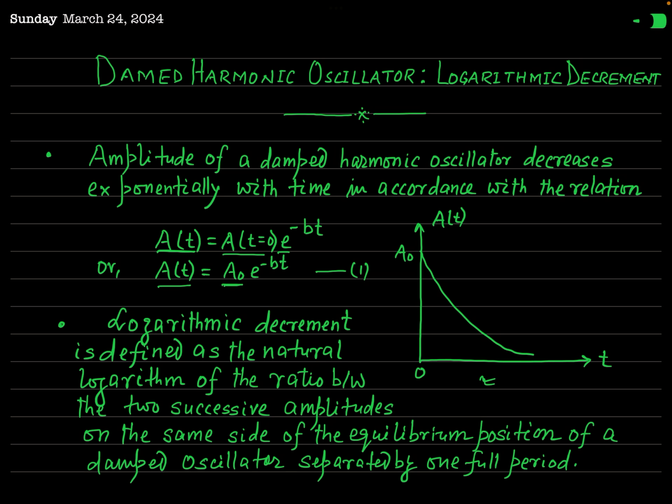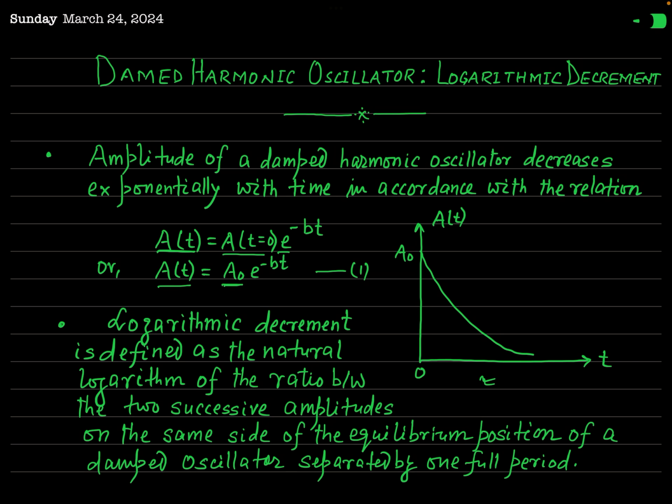Actually, this decrease in amplitude of the oscillator during the damped harmonic oscillation is measured in terms of a quantity which is called logarithmic decrement. So how is this logarithmic decrement defined? I have written the definition here, but it will be clear to you after calculation.